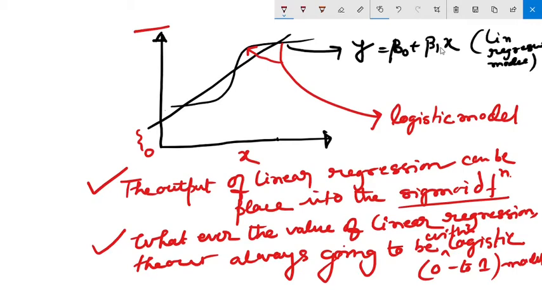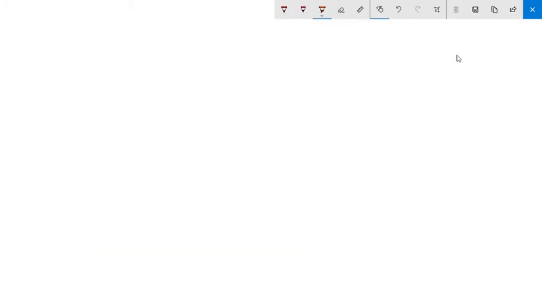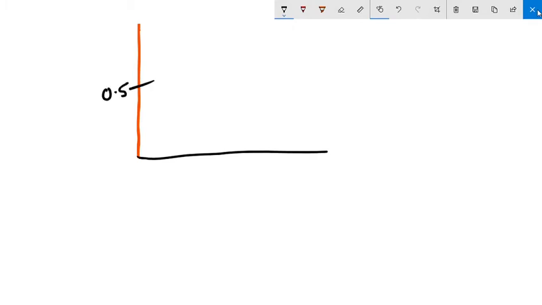now if you put a cutoff into it, let's say we are putting a cutoff of 0.5, and here the maximum value is 1.0, starting from 0.0.